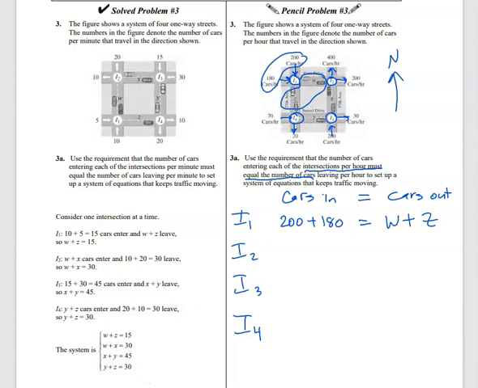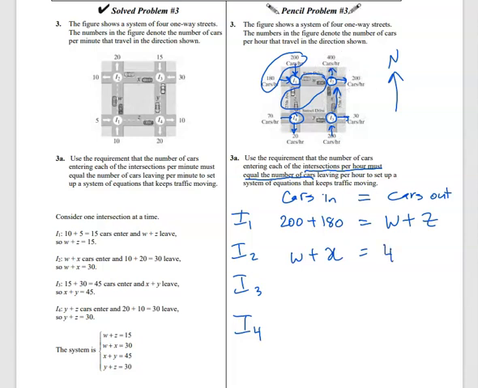And then for intersection 2 over here, this time the cars coming in are the variables, W and X. This X over here, because those are headed up, those are entering the intersection from down here. W and X are coming in. And then the ones that are coming out are these ones, the 400 and the 200.